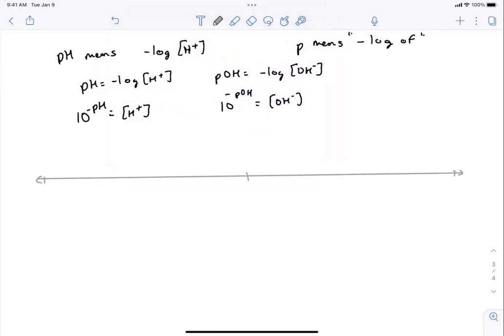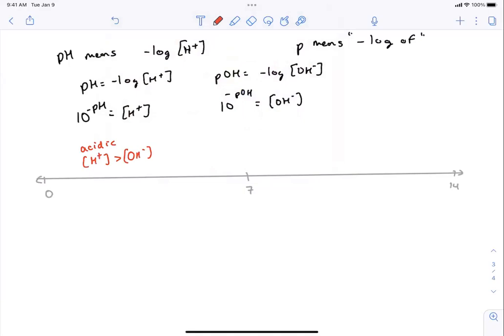Okay. So our general pH scale is from 0 to 14 at 25 degrees Celsius, our standard conditions for our purposes here. Now, please remember though that acid is not defined as less than 7 pH. An acid is defined as where your H plus concentration is greater than your OH minus concentration.